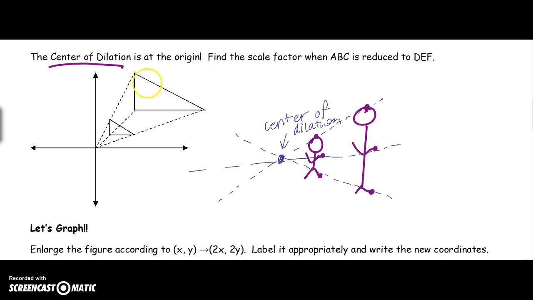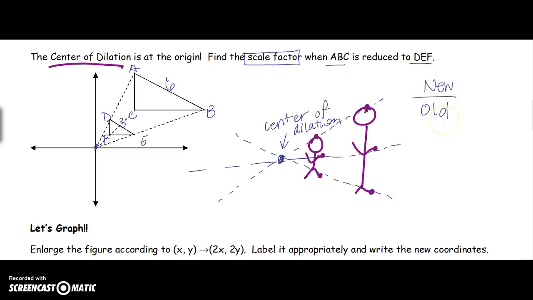Here we have a picture. If we use that it is at the origin, we can use different factors of the coordinates. So find the scale factor when ABC is reduced to DEF. Here we have A, B, and C, and here we have D, E, and F. If I tell you that the length of AB is 6 and it was reduced to 3, and I want to know the scale factor, we have to do our new over our old.